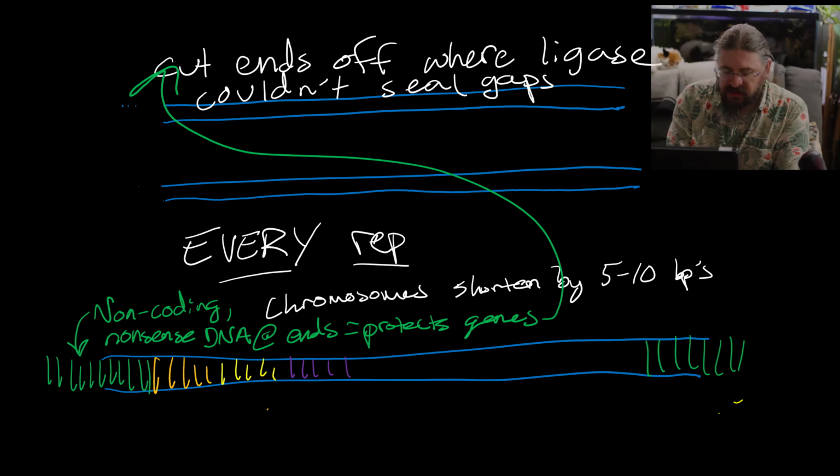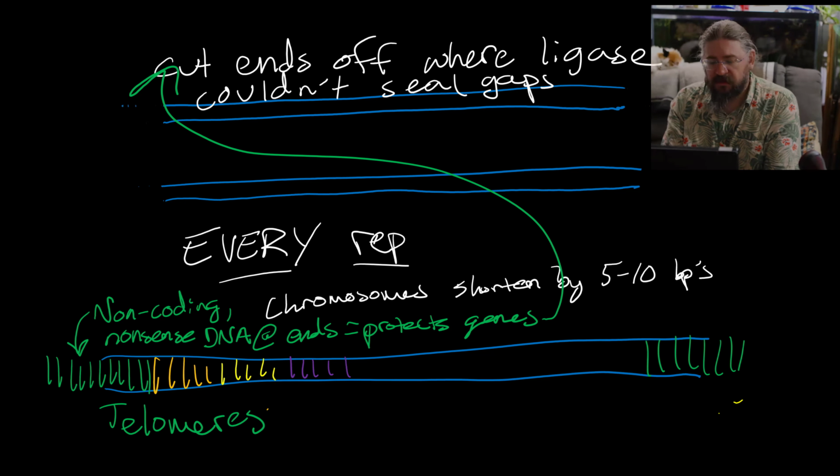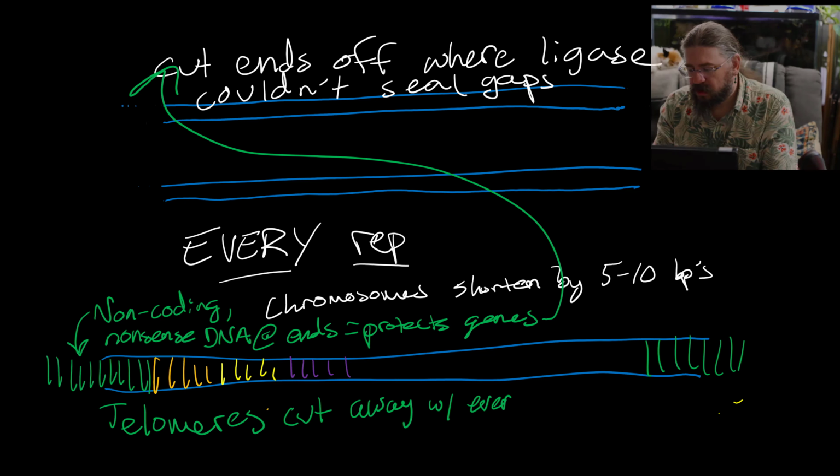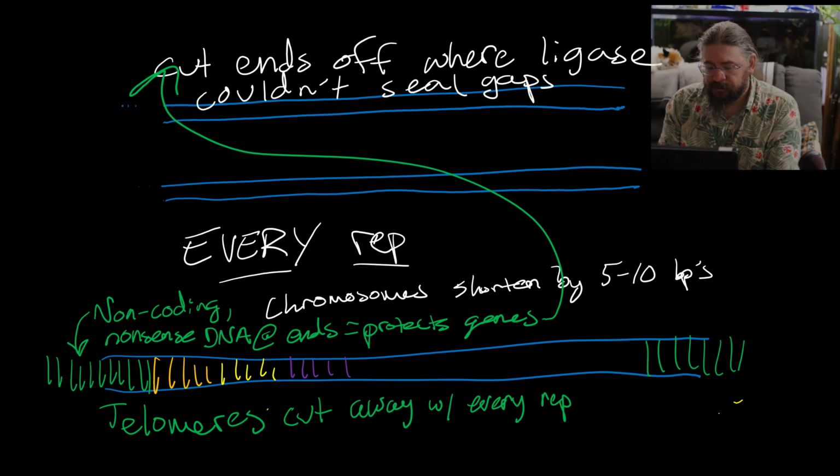So these non-coding nonsense DNA bits at the ends are called telomeres. And the telomeres get cut away with every replication in order to protect the genes. So, and that's the end of DNA replication.